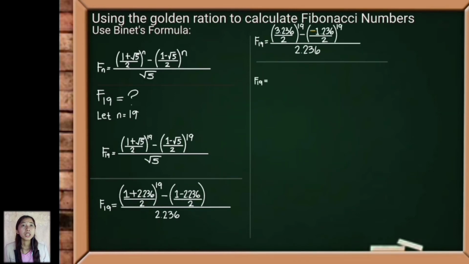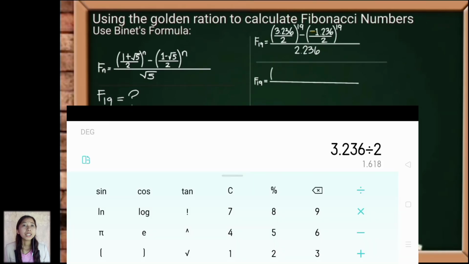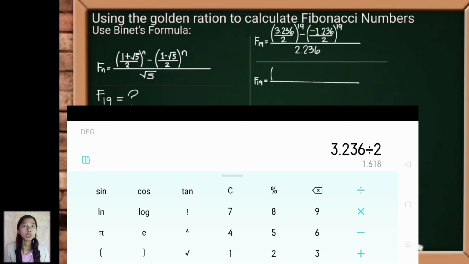So F19 is equals to, what is 3.236 divided by 2? Use your calculator. 3.236 divided by 2 is equals to 1.618.